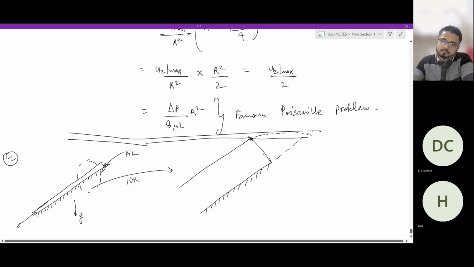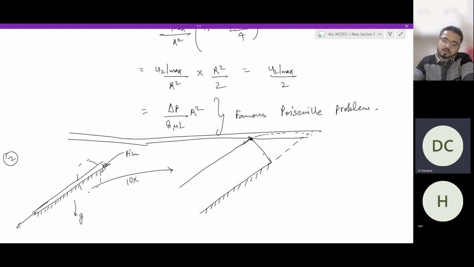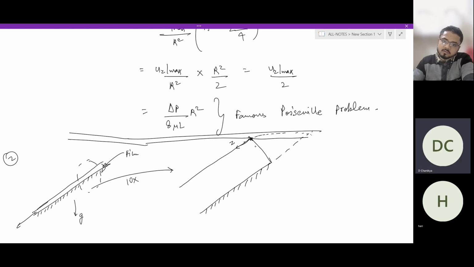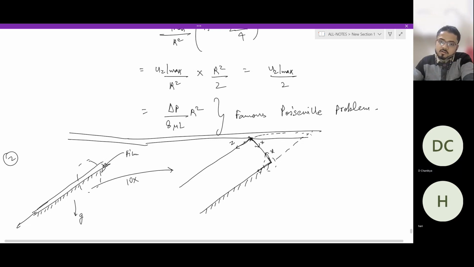Okay? And let's pick our coordinates here. And here is x. So you'll be seeing that using these coordinates is much easier than when you're using the coordinates right here. If you do it like this, x here and z here, then the problem becomes really complicated.